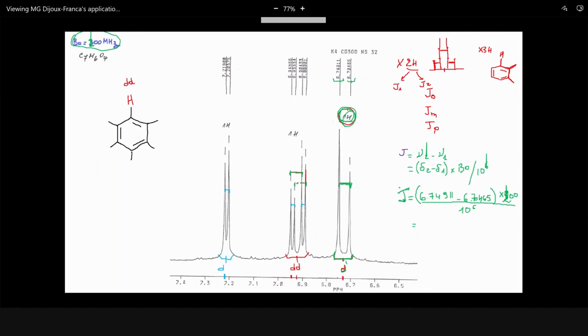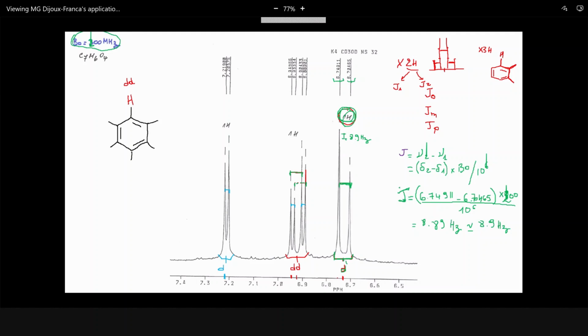It's 8.89 hertz. And that means it's equal to 8.9 hertz. Okay? Yes or no? Okay. So here the coupling is around 8.9 hertz.